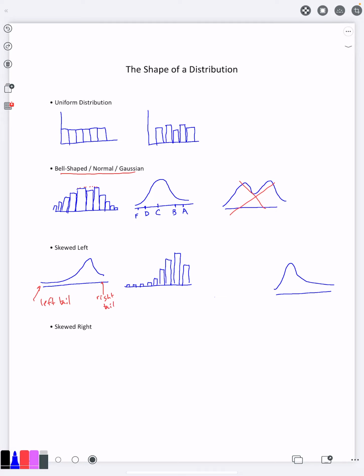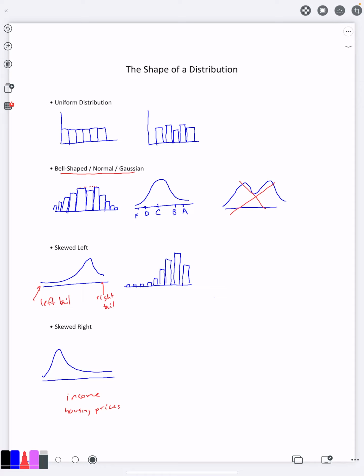On the other hand, if we draw something like this here, where you go further out to the right compared to the left from the center of the high point of the graph, that's a skewed right graph. And these also do happen sometimes. For example, if I wanted to look at income, or housing prices, these are two examples where they would be skewed right.